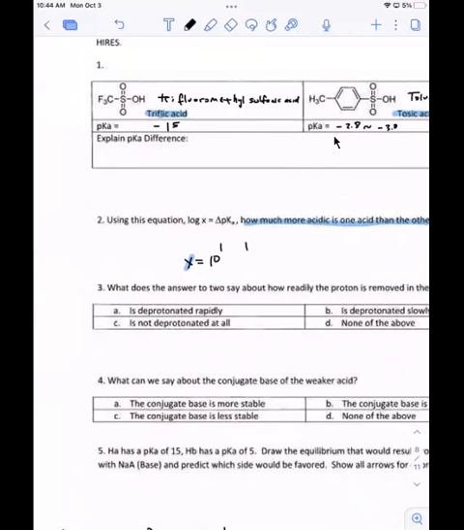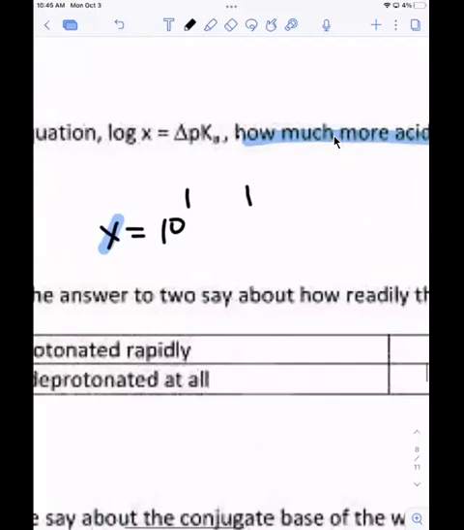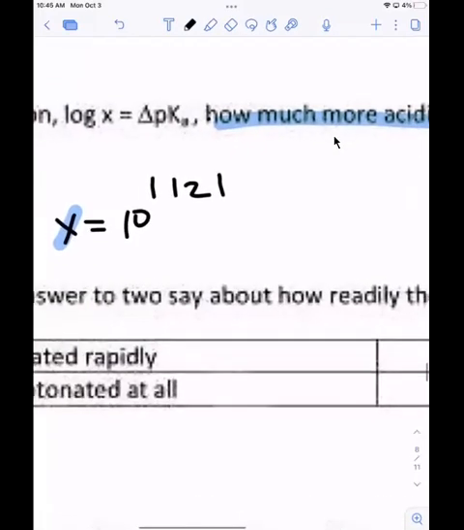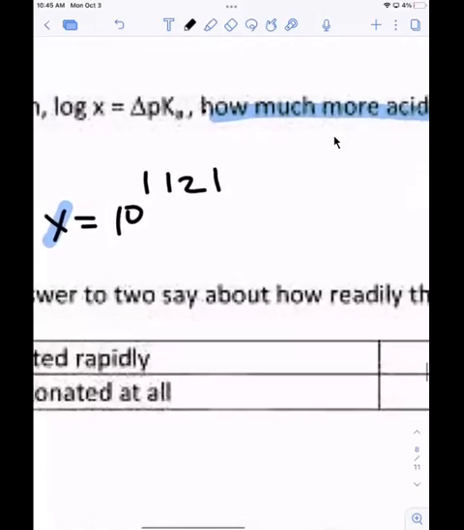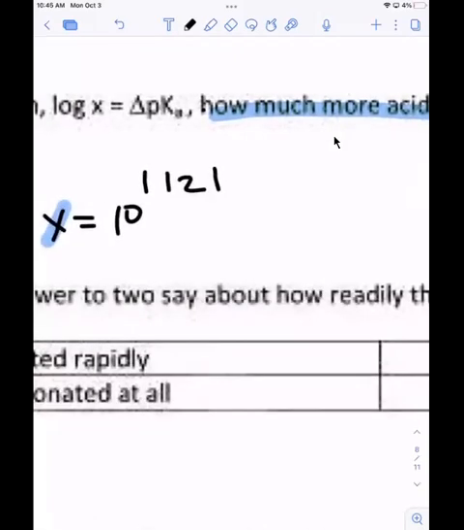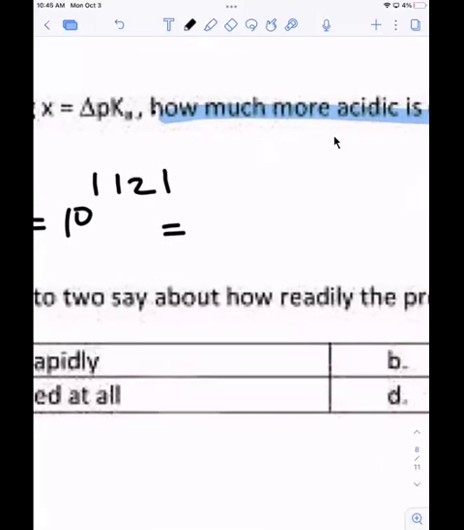It's going to be 12, 10 to the 12th. Is that right? Yes. Somebody calculate that. 10 to the 12th, what is that? About, let's see, a billion? Is that a trillion? Isn't that right? 10 to the 6 is a million, to the 9th is a billion, so to the 12th will be a trillion. Is that right?